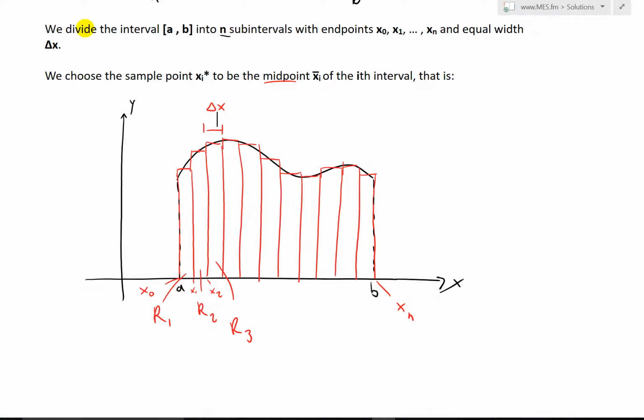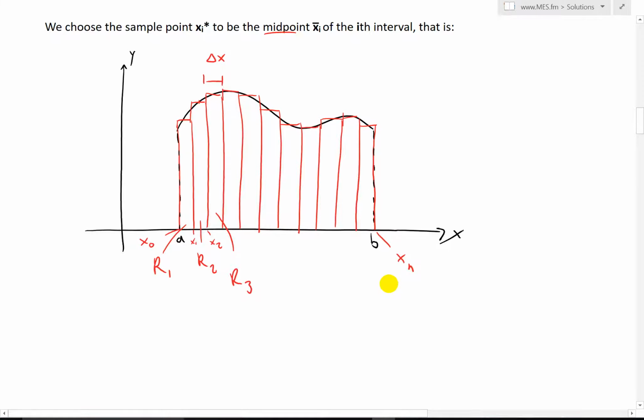So if these are x0, x1, x2, let's look at a generic xi. Let's pick this point here. We'll call that xi, and the one right before it is our xi minus 1. And then the center line right here is at the center point we chose as our sample point.